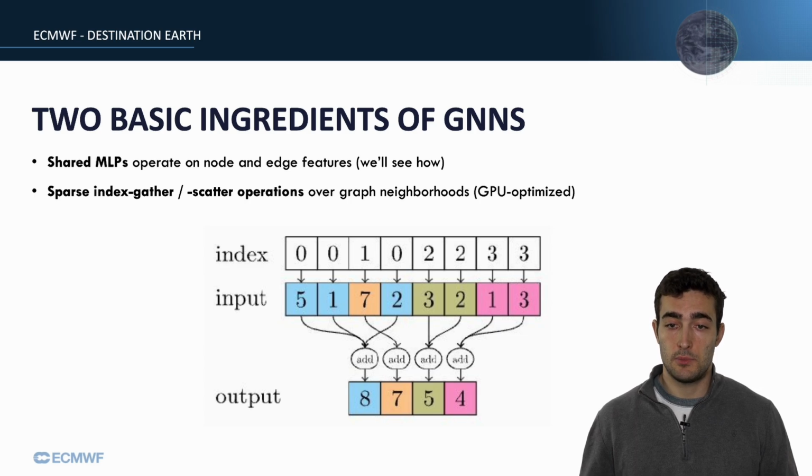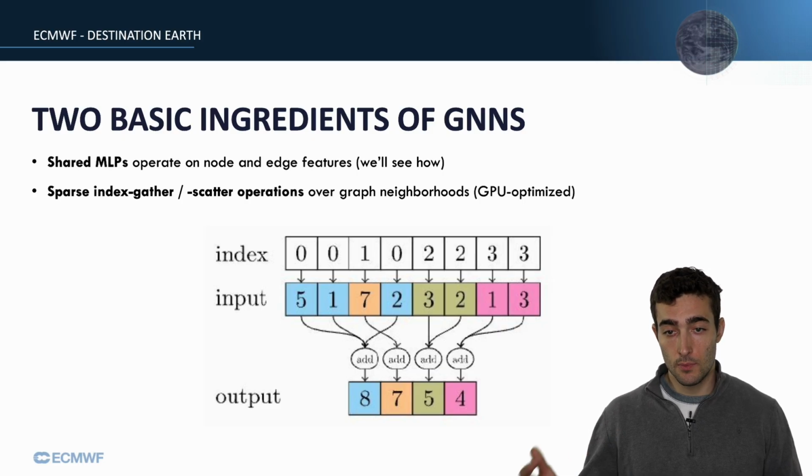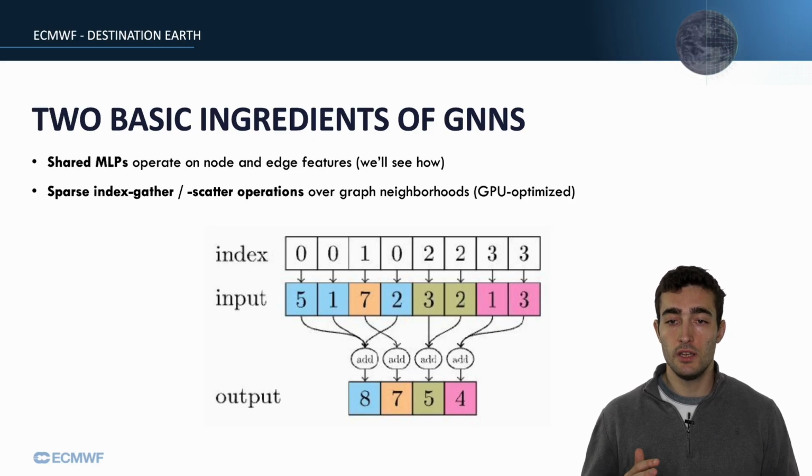This is a very nice property because it makes things very easy to parallelize, which is important when scaling your models to millions or billions of parameters, when they don't fit in one GPU anymore and you need to shard that graph into multiple GPUs. This is quite nice because it will allow you to split the graph across different GPUs.